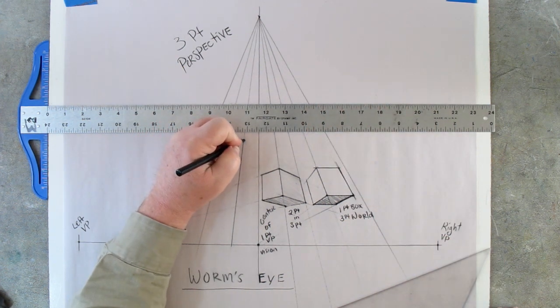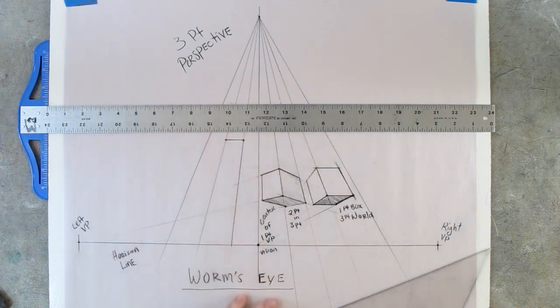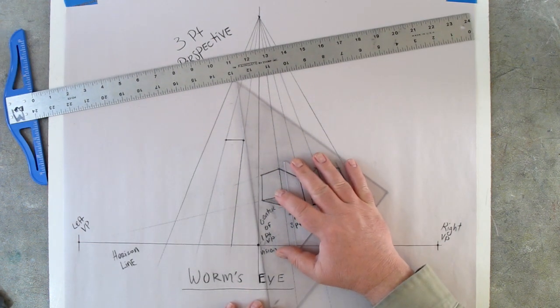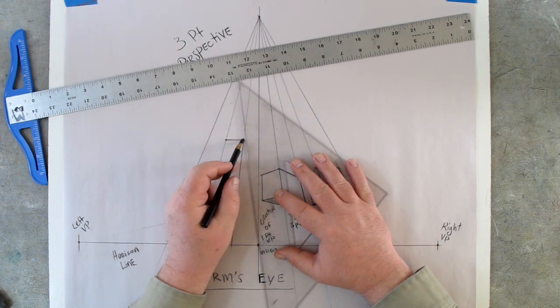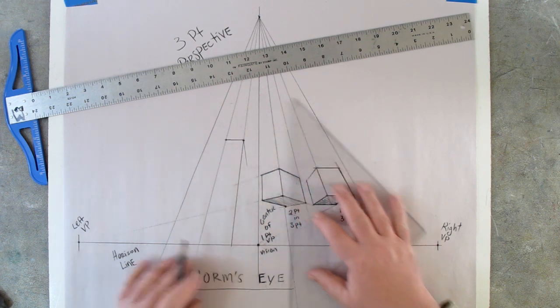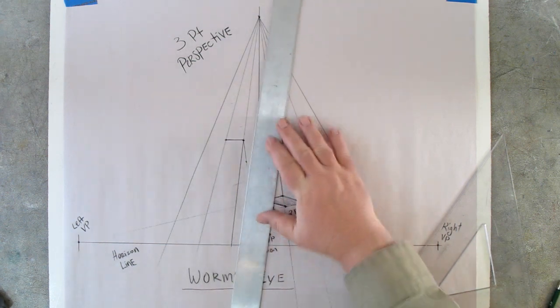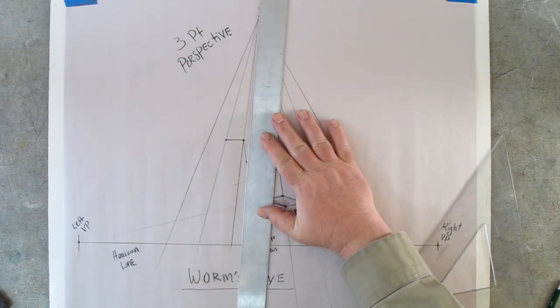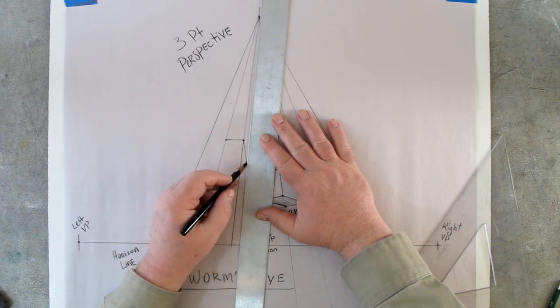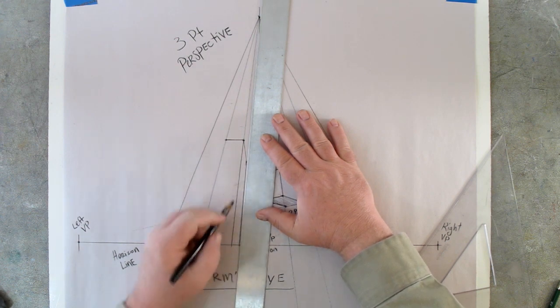This would be the front plane. Then this is going to go down to the 1 point vanishing point, like so. And let's say this is the back corner. And then this is going to go up to that distant vanishing point. And again, this is just a 1 point perspective box in 3 point perspective.